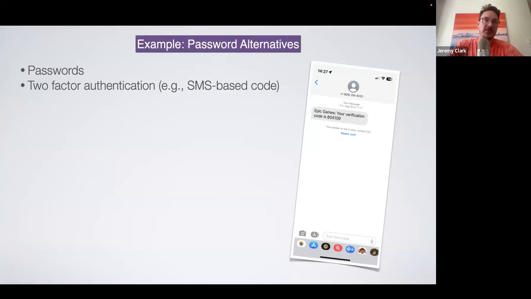If you call up the phone company and say, I have a new phone with a new SIM number, and I want my old number to go to my new SIM, and you can convince them that you are who you're supposed to be by knowing a lot of stuff, which is like proof of what-you-know based authentication, then you could actually get it changed.